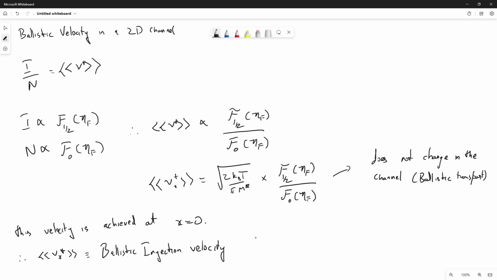Why am I calling this the injection velocity? Essentially, the electrons are pushed into the channel with this average velocity.